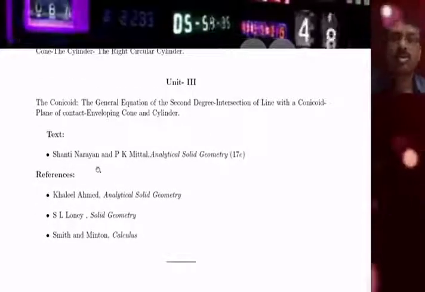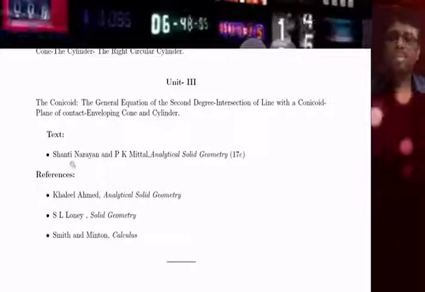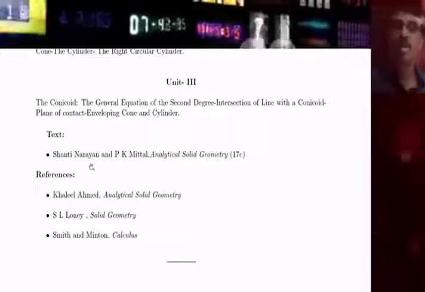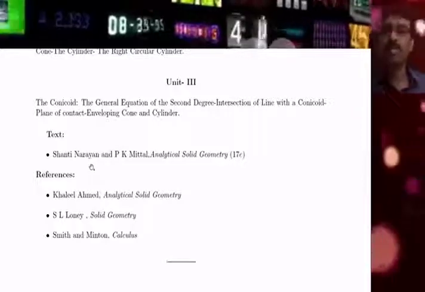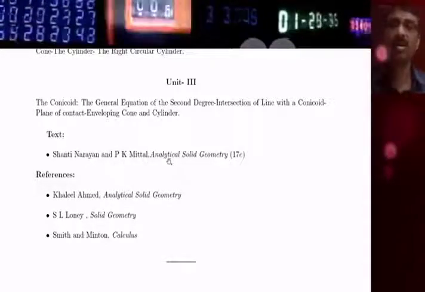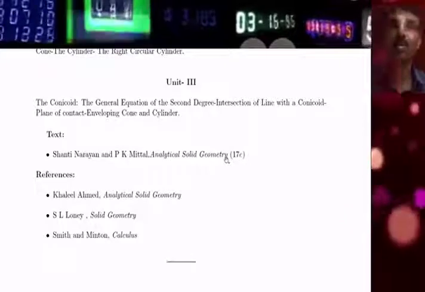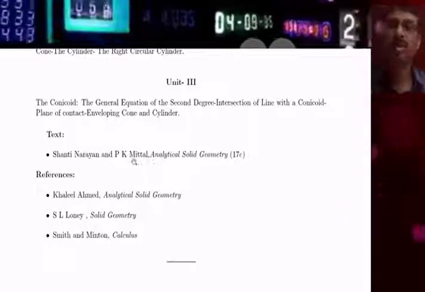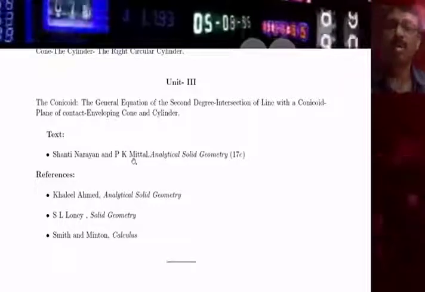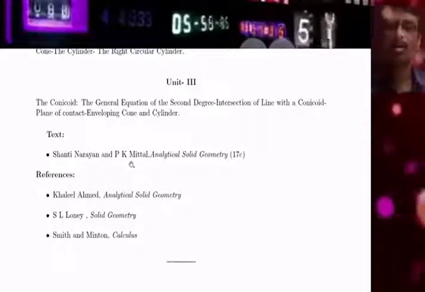The prescribed textbook is Shanti Narayan and P.K. Mittal, Analytical Solid Geometry, published by S. Chand and Company. You can purchase it online or offline.